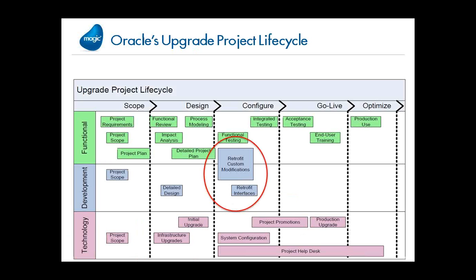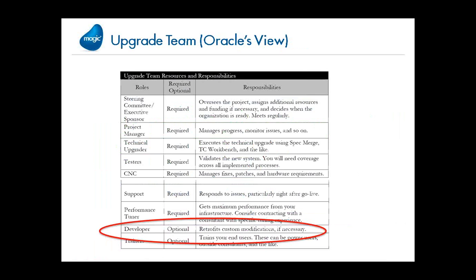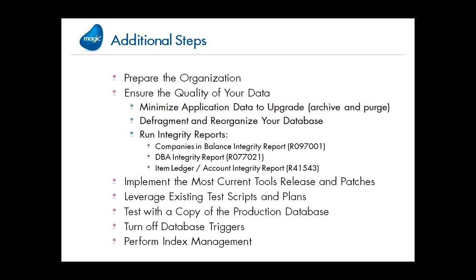If you look at Oracle's documentation of the upgrade project lifecycle, working with interfaces, the integrations, and the customizations is definitely a part of the process. They talk about the use of developers who work with the custom modifications if necessary, working with the integration and so forth.